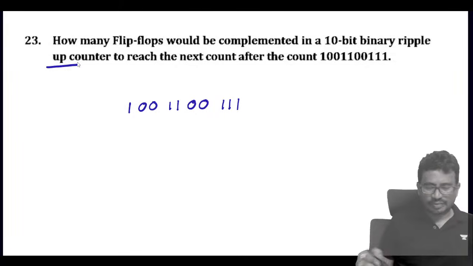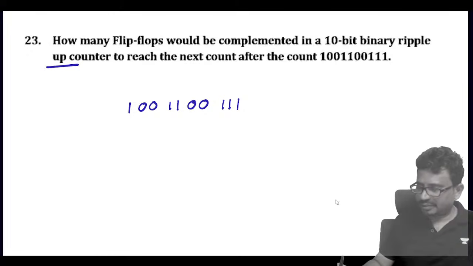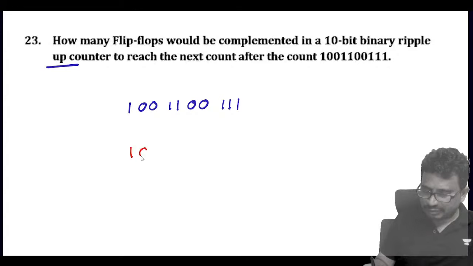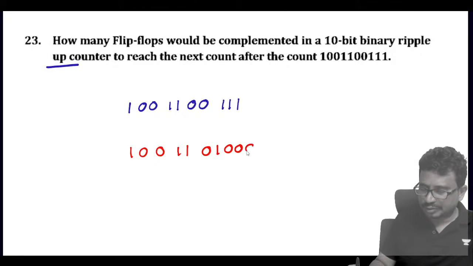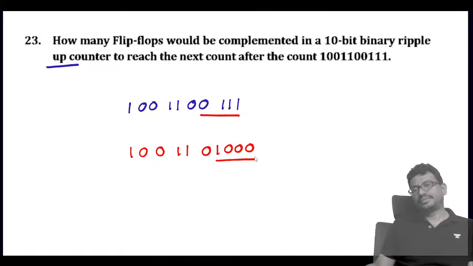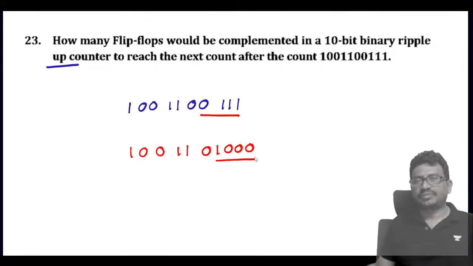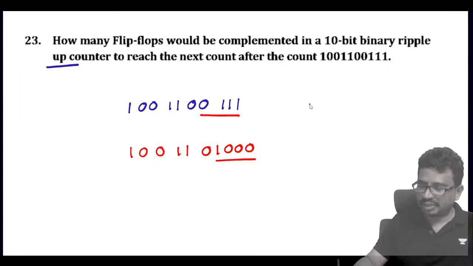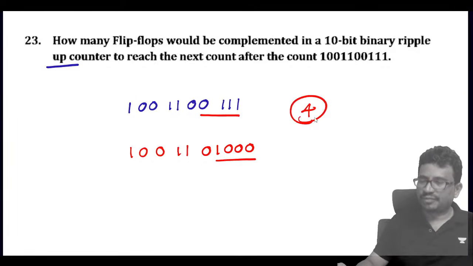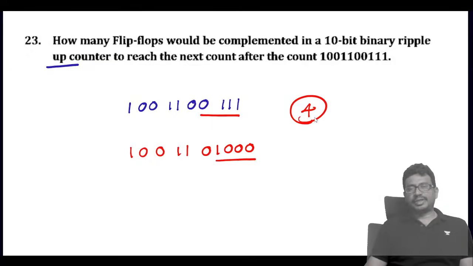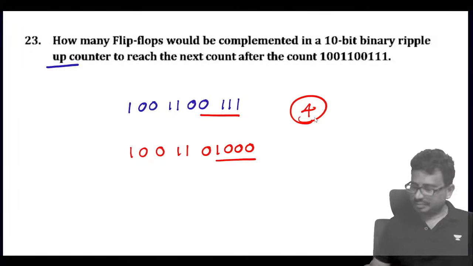For an up counter, what will the next state be? Next state is 1 0 0 1 1 0 1 0 0 0. You see this? These 4 flip-flops are complemented. So the number of flip-flops that change state is 4, right?